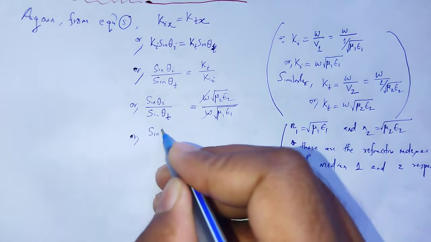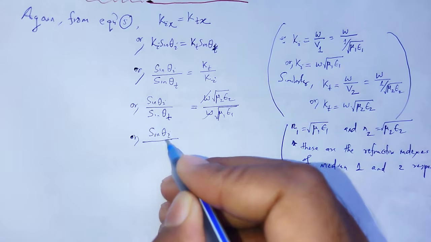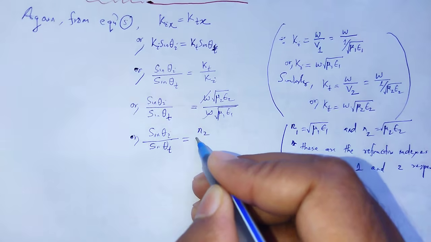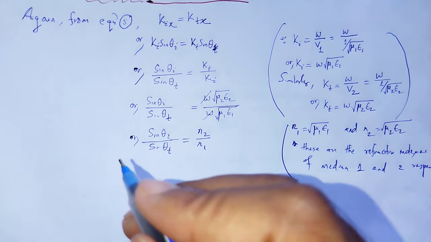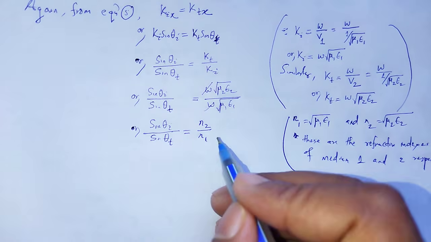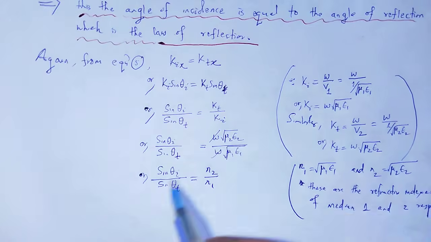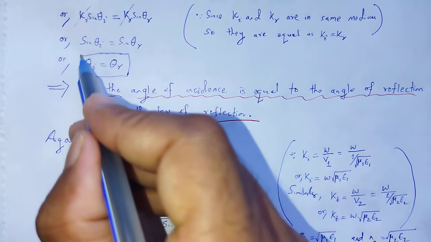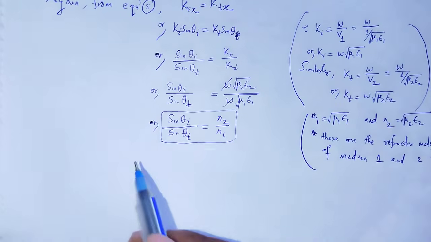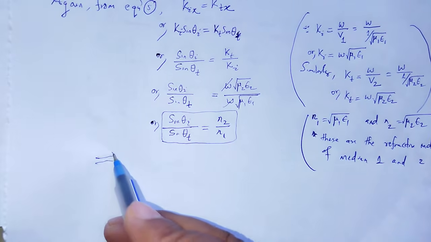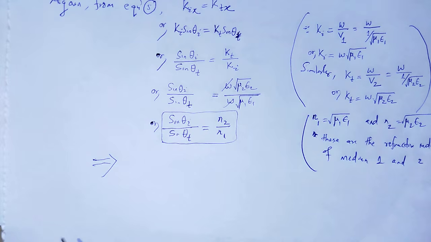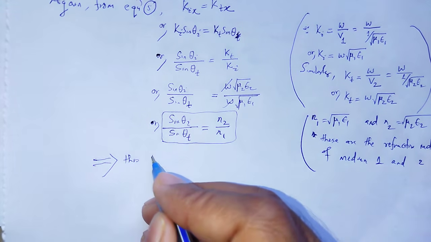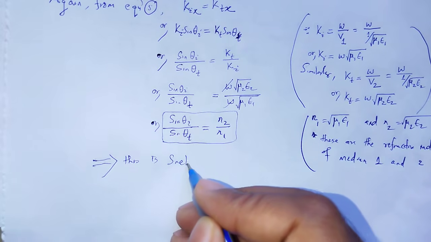Therefore, sin theta i divided by sin theta t is equal to n2 divided by n1. That is nothing but Snell's law.